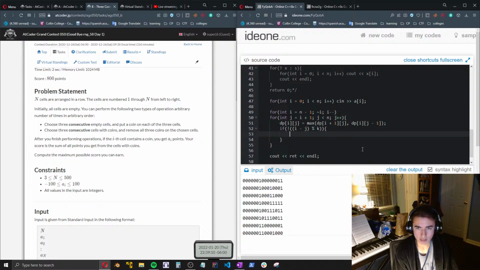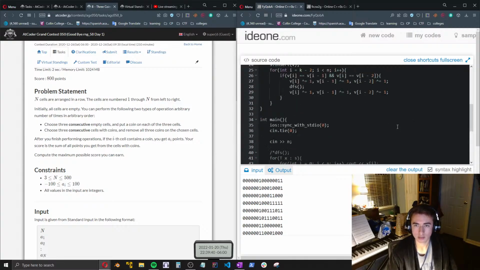Alright, there are a few cases. Alright, the second case is if... okay, we could just add 3 values on the outside. Let's see.